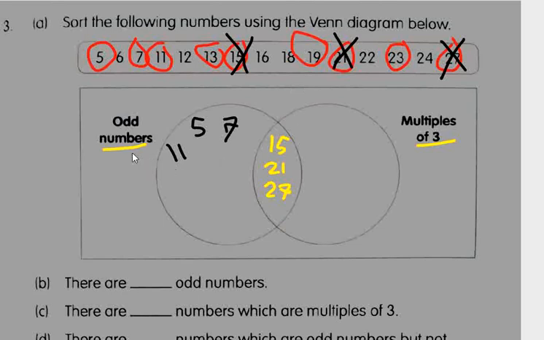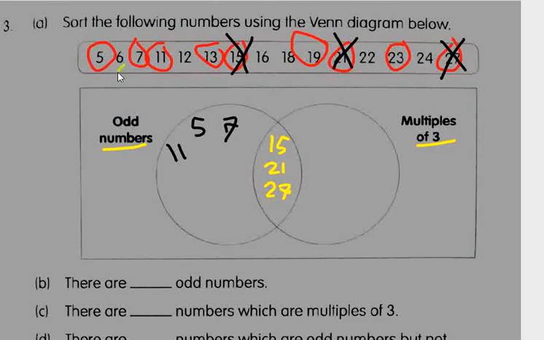But we have no circle here for even numbers, right? But we still have a blank here for multiples of 3. So let's find all the numbers that are multiples of 3.